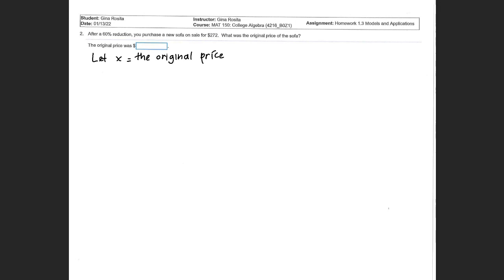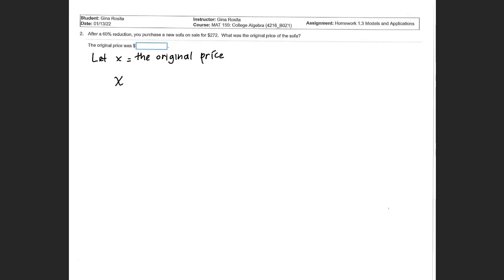Now look at the question. After a 60% reduction, you purchase a new sofa on sale for $272. What was the original price of the sofa? Remember that? The original sofa is x.